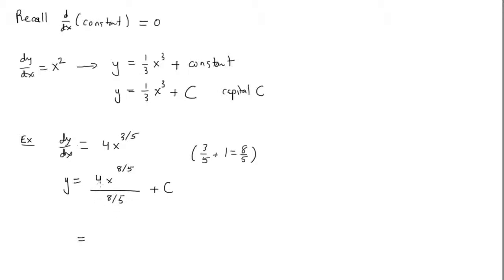Okay, so to simplify this, we're dividing by fractions, so that's the same thing as multiplying by the reciprocal, and that should be a 4 there. And then we could cancel a 4 here with one of the 4's that's in the 8, and so this would be 5/2 x to the 8/5 plus our mystery constant of integration.